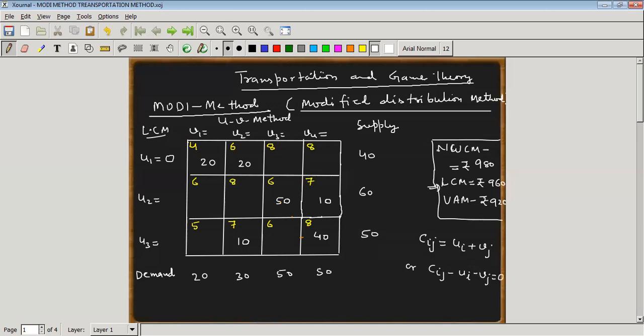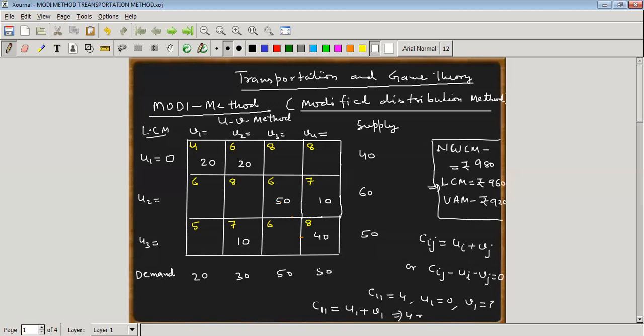So this is our Cij. C11 equals 4. We take U1 equal to 0, and we have to find V1. By using Cij equals Ui plus Vj, with i equal to 1 and j equal to 1, we write U1 plus V1 equals C11, which is 4.